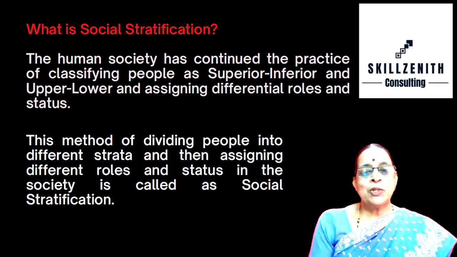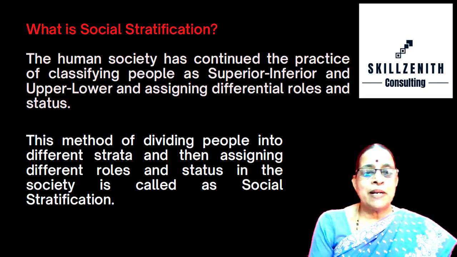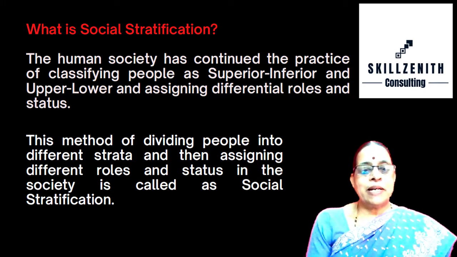What do you mean by social stratification? This is a method where people are divided into different groups, and those people of different groups will be given different roles and status in the society. This is called social stratification.